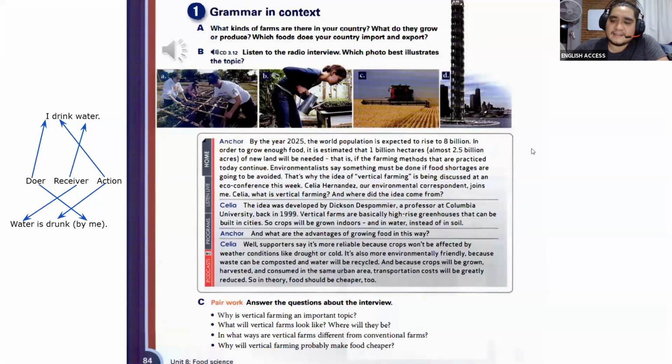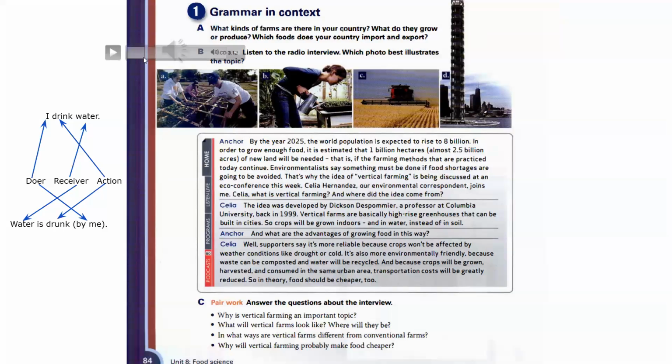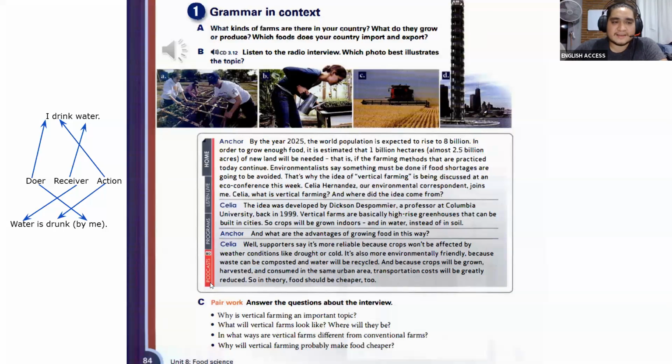The rest, Gina, Lizzie, Miss Maddie. Well, actually, it's just girls. So what do you girls think? All right, A, B, and C. All of them illustrate vertical farming.